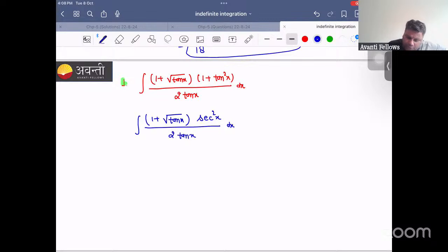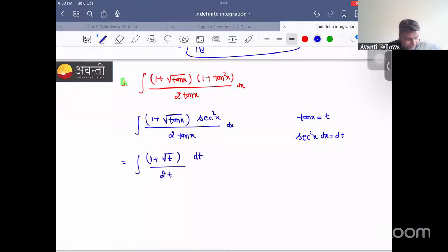Now, if you assume tan x as t, then secant square x dx will be dt. Am I correct? So it will be (1 plus under root of t) dt upon 2t. Am I correct?